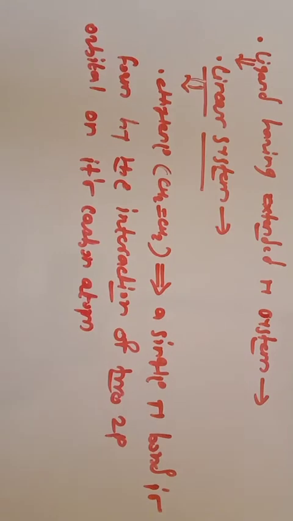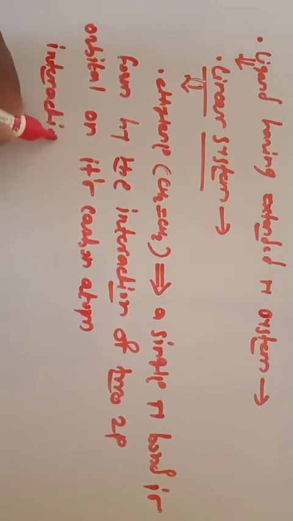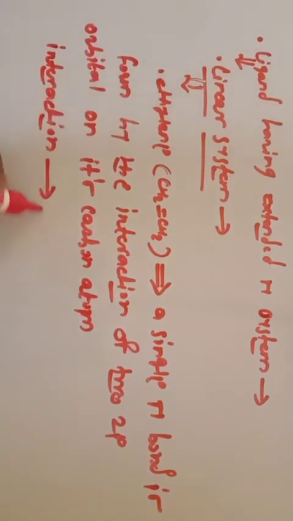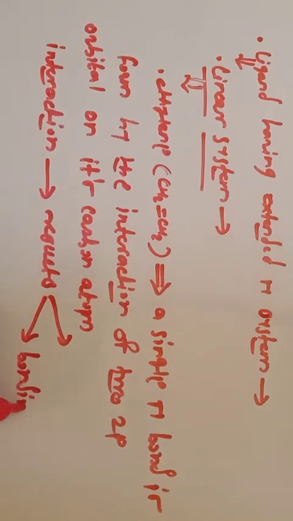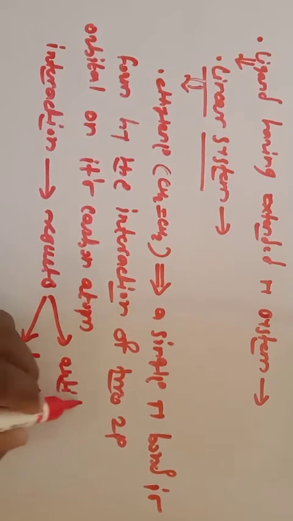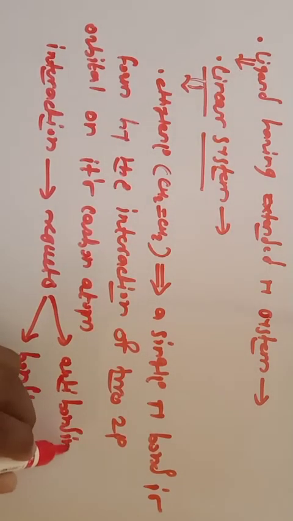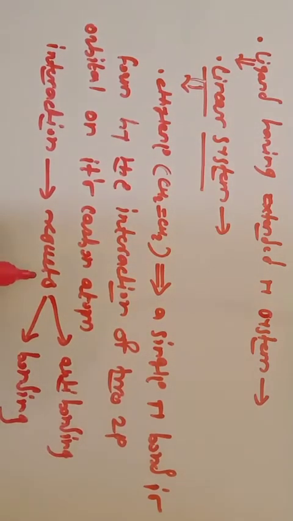These interactions of p orbitals result in one bonding and one antibonding pi orbital.